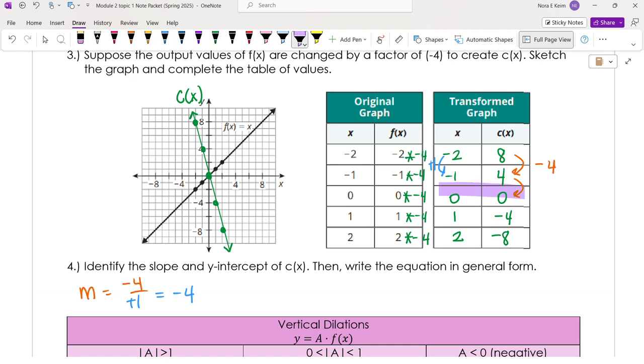I once again have the y-intercept as part of my table. That is at 0, 0. So that means b is 0. So c of x equals negative 4x plus 0.